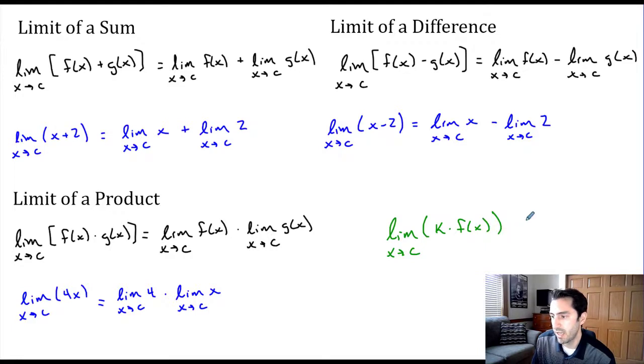In this case, k is a constant. So here we had the limit of 4, which is a constant, times x. Well, because this first piece, the limit of 4, that horizontal line, the limit is always going to be equal to that constant, we can just bring that out front. So the limit of k times the function is the same as k times the limit.